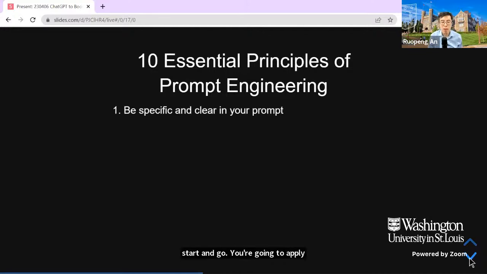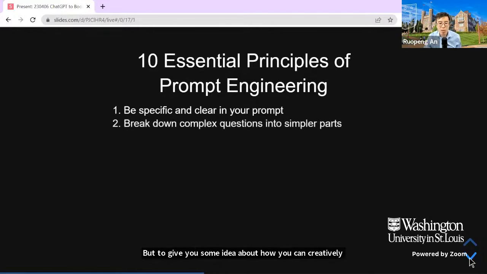The first principle is to be specific and clear in your prompt. You think, well, this is a cliche. Of course I want to be specific and clear. But I'll give you specific examples on each of the 10 essential principles, not to suggest using the same example, but to give you some idea about how you can creatively apply those principles.